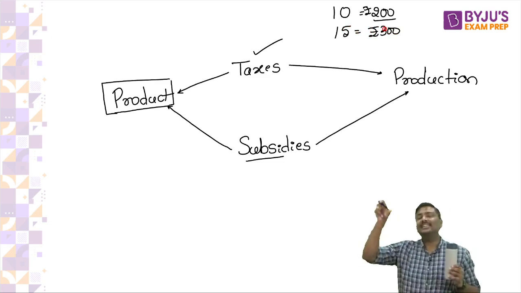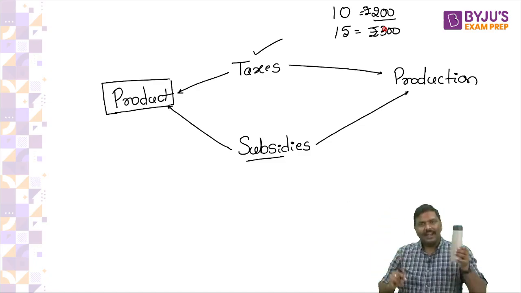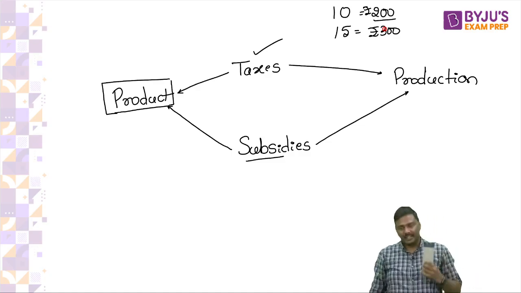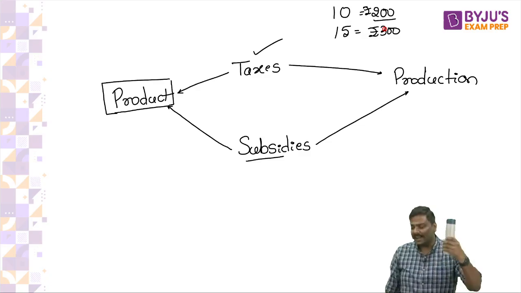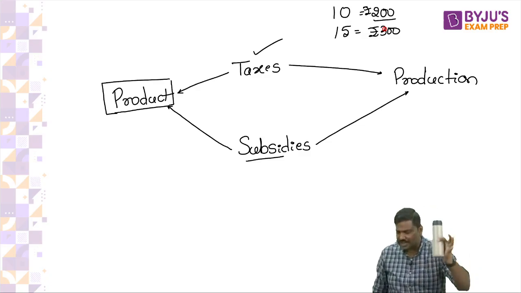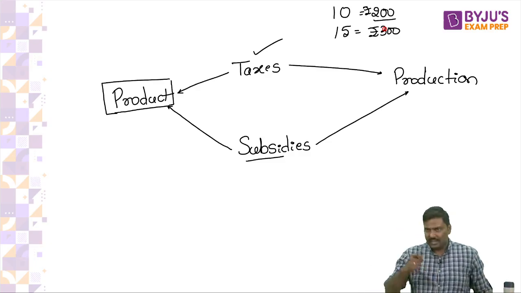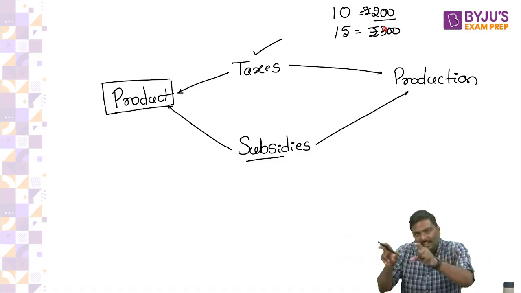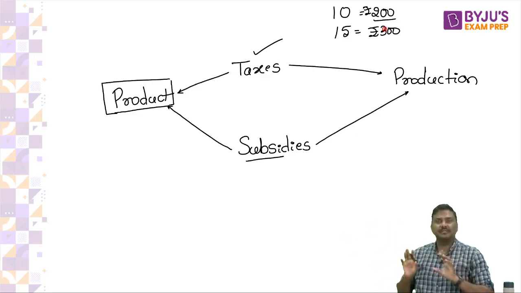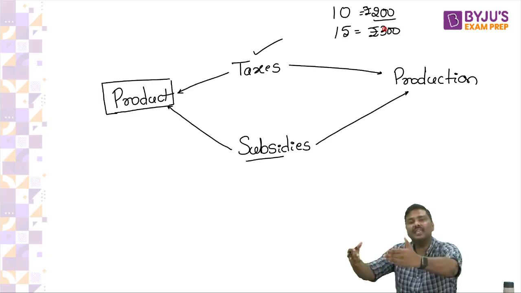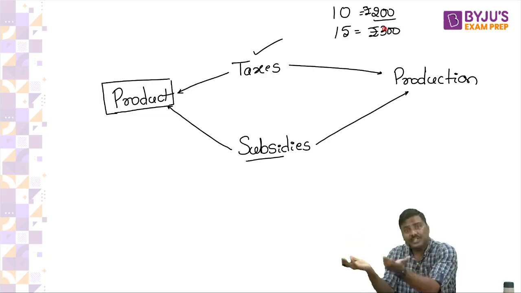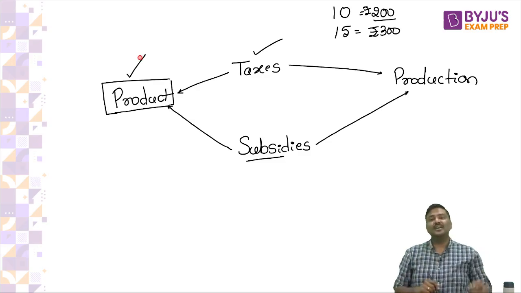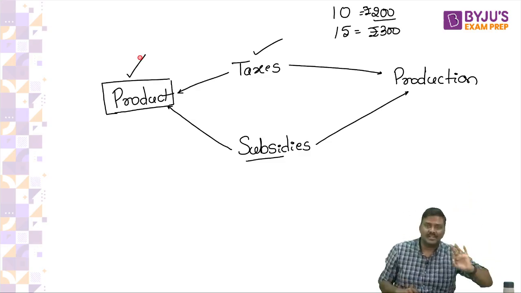Now same thing. Can I say the tax that is imposed here is directly related to volume of production? So whenever the government imposes a tax or gives a subsidy connected to how many goods you are producing, such taxes or subsidies are referred to as product taxes and product subsidies.